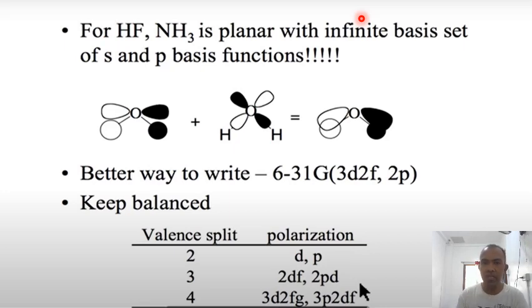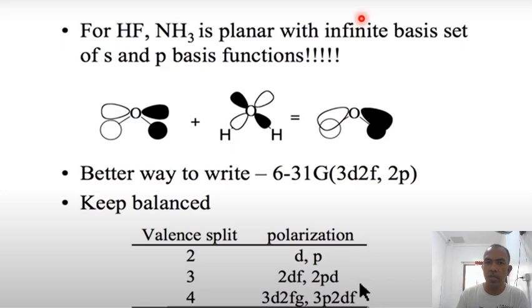So if d is good, f only improves my flexibility, and after the comma is how many polarization functions and what kind on hydrogen atoms, technically on helium too, but that's pretty rare.